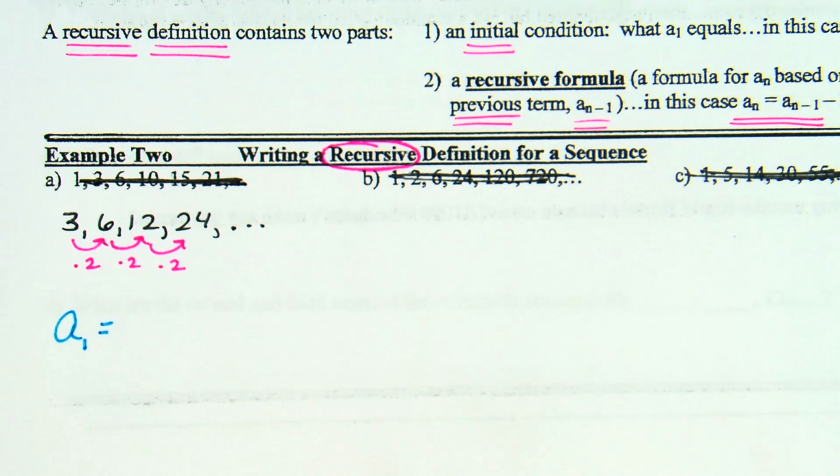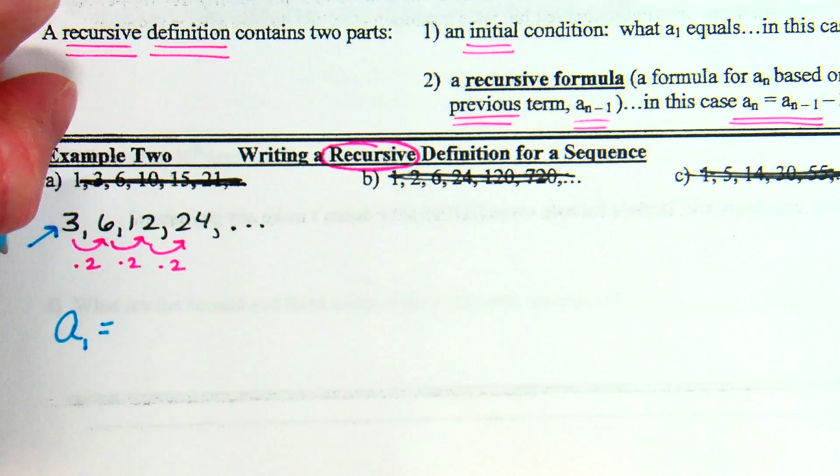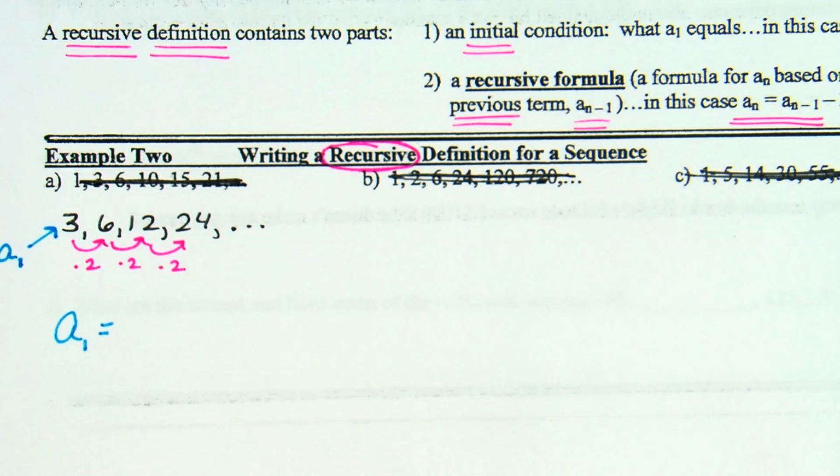In order to get full credit on a recursive definition, you have to be able to tell me the initial condition. A of 1. What is A of 1? 3. A of 1 represents your first term. What's your first term? 3.